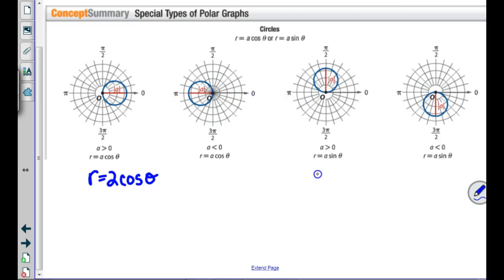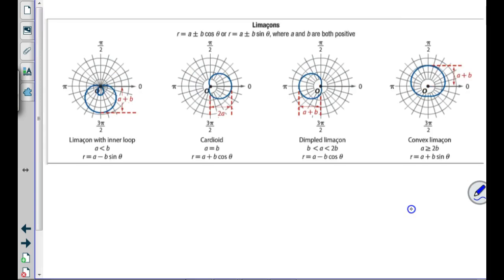If you put r equals, we could even make it negative 2 sine theta, it will be down here, but it will have y-axis symmetry, which is also called theta equals pi over 2 symmetry. Those were circles. These are the lima beans or limacons, okay?